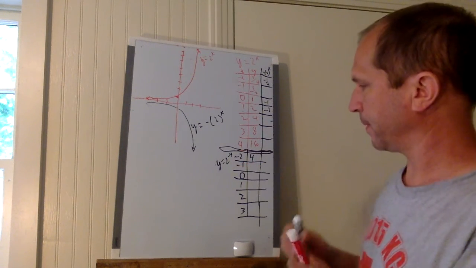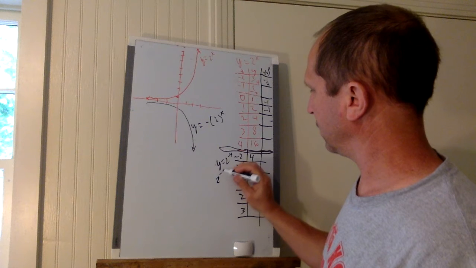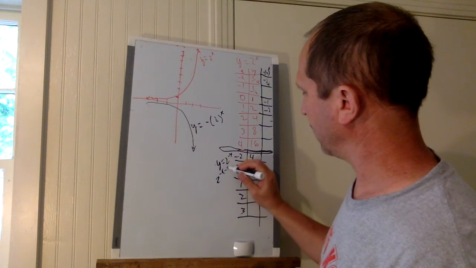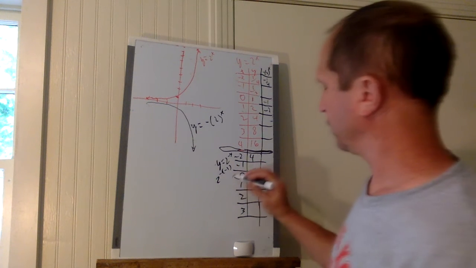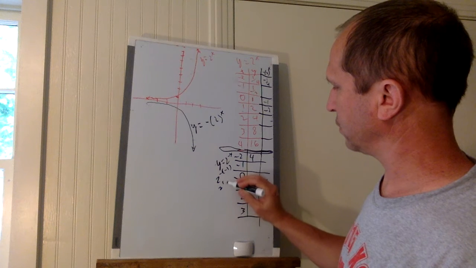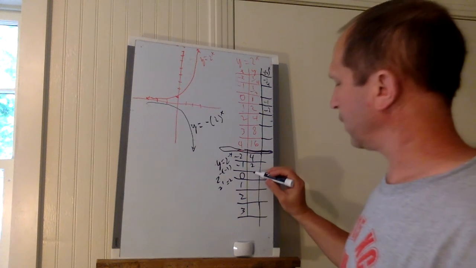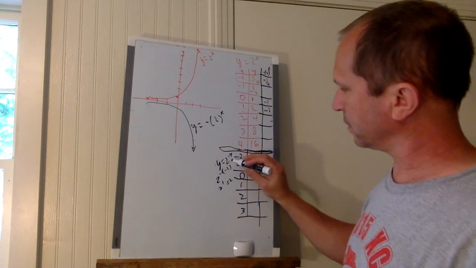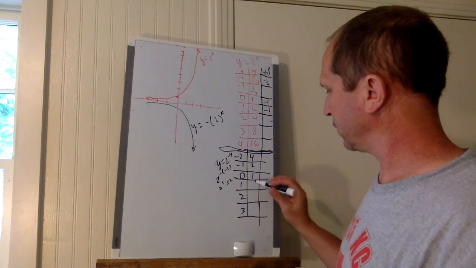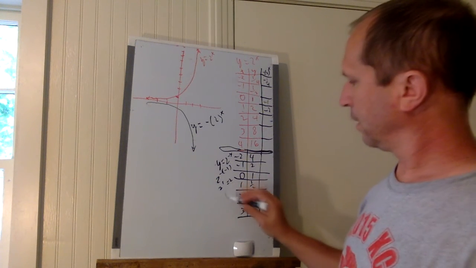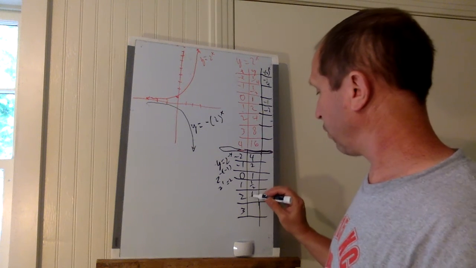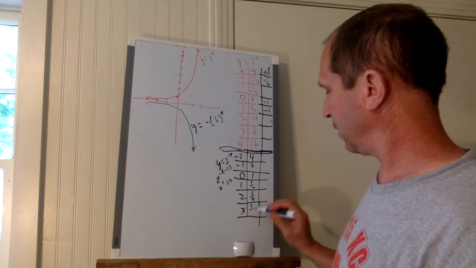Negative 1. Again, you're looking at 2 to the negative of negative 1, which would be 2 to the first, which would be 2. 2 to the 0 is still 1. For 1, that's 2 to the negative first, which would be 1/2. 2 to the negative second, 1/4. And then 1/8 here.